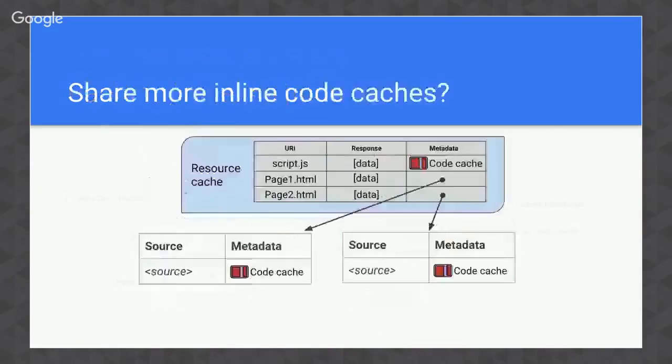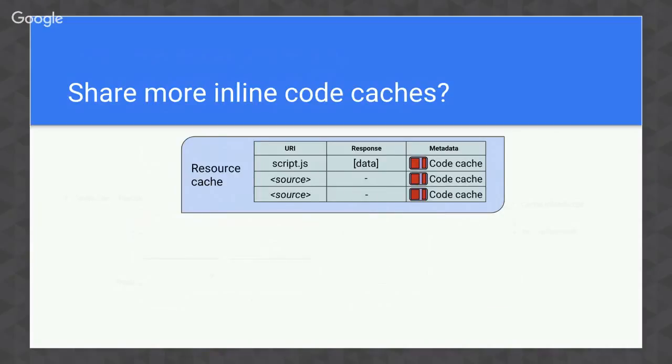They both use the same script, but they store two different tables, both pointing to the same or similar code caches. So it'd be nice if we could just store those by the source in the resource cache itself. That's additional engineering complication. It's not logical complication, but there is engineering complication in using something that was fundamentally a network-based cache and changing it into a hash-based cache.